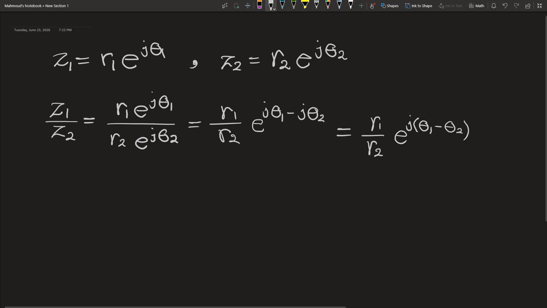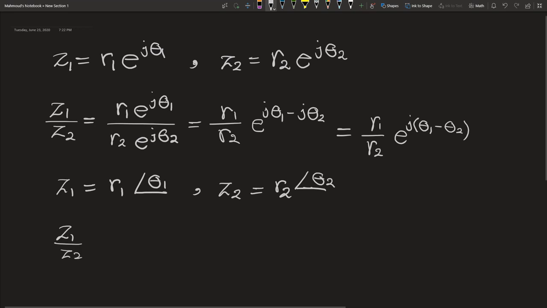And in polar form, if z1 is equal to r1 angle theta 1 and z2 equal to r2 angle theta 2, then z1 divided by z2 is equal to r1 divided by r2 angle theta 1 minus theta 2.